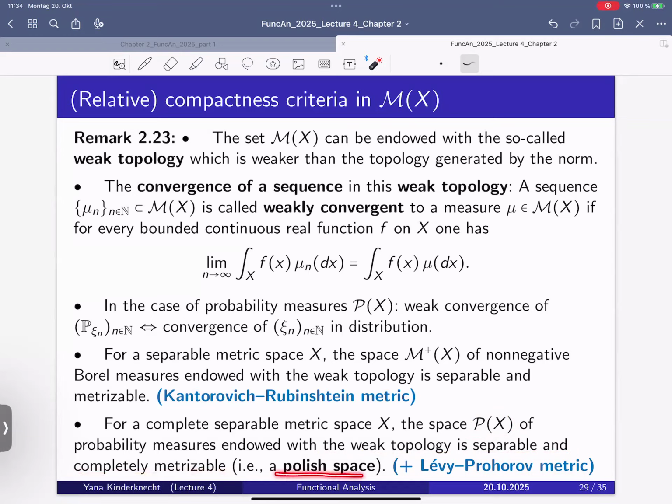This is the so-called Polish space. Such spaces are very often used in probability theory. A Polish space is a topological space whose topology is metrizable by a complete metric, and separability is also included as a condition. In this special case, there is also another metric, the so-called Lévy-Prokhorov metric. You can use either the Lévy-Prokhorov metric or the Kantorovich-Rubinstein metric, and both correspond to the weak topology on this set. Again, these are just keywords which allow you to go into further investigations.